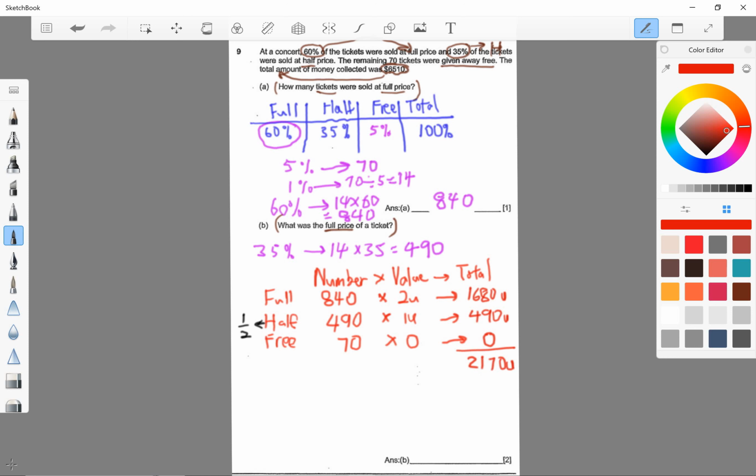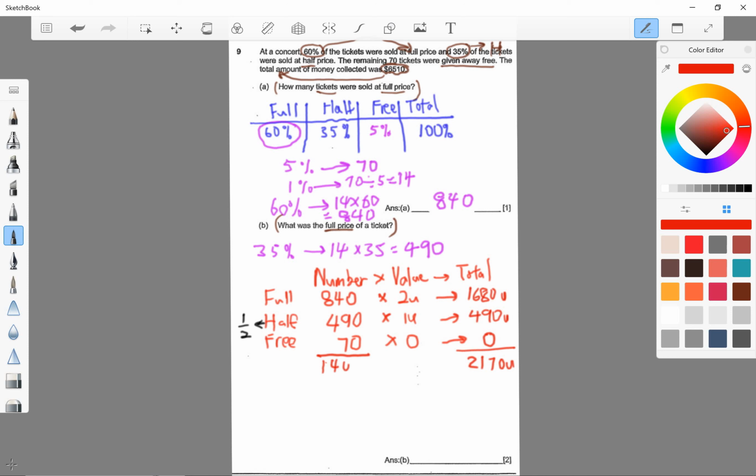I will need to pair this up with the total value of $6,510. So earlier on, if I were to go and find out the total number of tickets, if I were to take this 1%, which is 14, if I multiply that by 100, it will be 1,400.